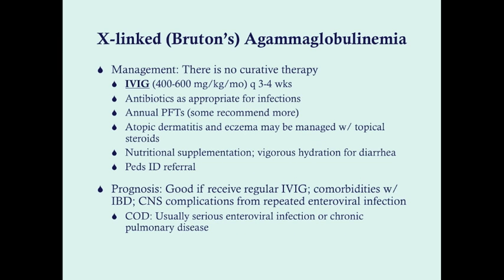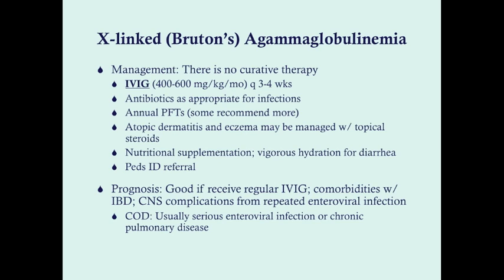So there is no curative therapy for XLA. What you do, and this has really helped with life expectancy, is IVIG. And what IVIG is, is basically immune globulin that's been compiled from tons of people, I think like 60,000 people, and it's put into a solution and administered IV.